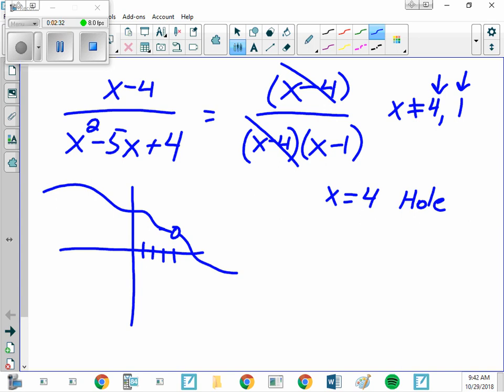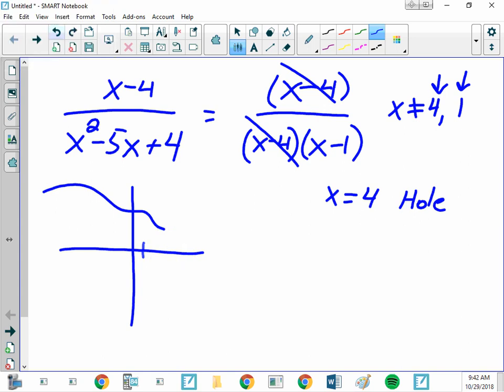Okay. What's the other option? If it's not a hole, what else can happen? You guys remember? So let me back this off just a little bit. The other option is called a vertical asymptote.